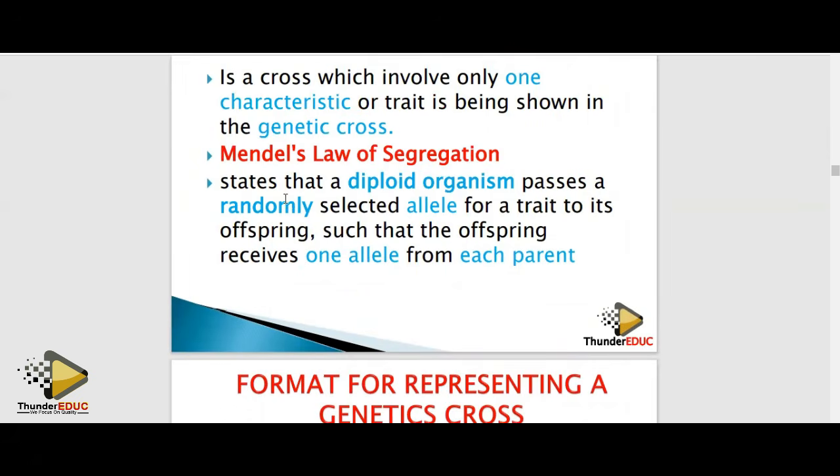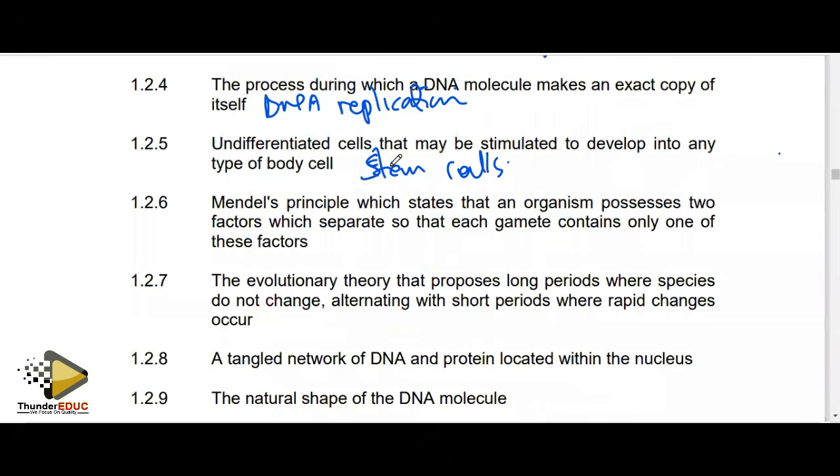Mendel's law of segregation states that a diploid organism passes randomly selected alleles for a trait to its offspring, such that the offspring receives one allele from each parent. The question is asking about the principle which states that an organism possesses two factors which separate so that each gamete will contain only one of these factors.